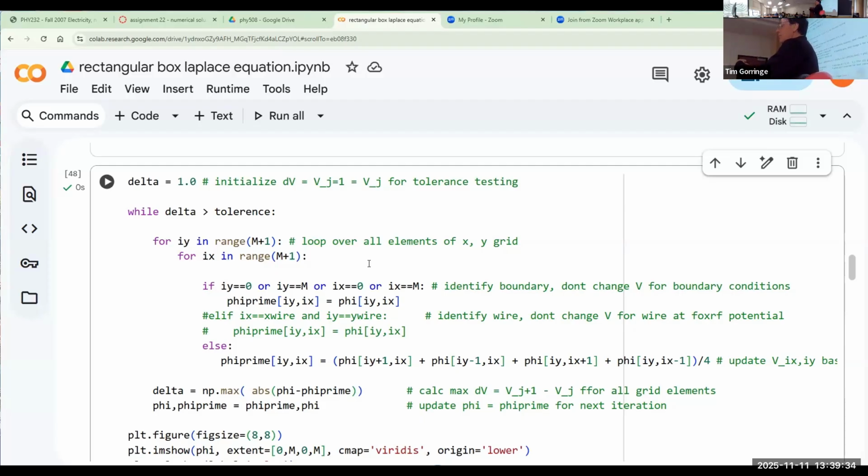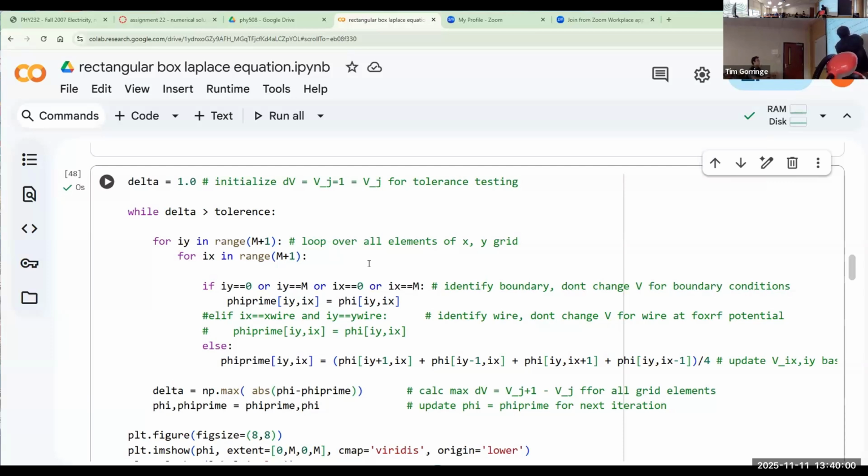It's actually going to track the maximum change for any one element of the mesh. I'm going to have a nested loop here to walk over the n plus 1 by n plus 1 elements of my mesh, my grid. So this is just walking through the entire grid.